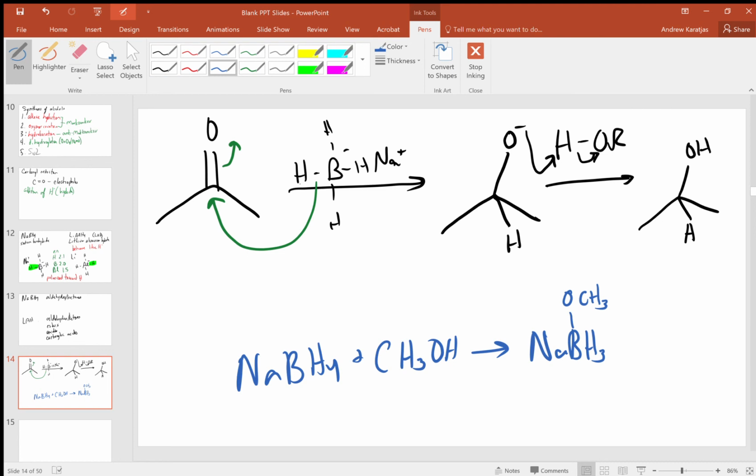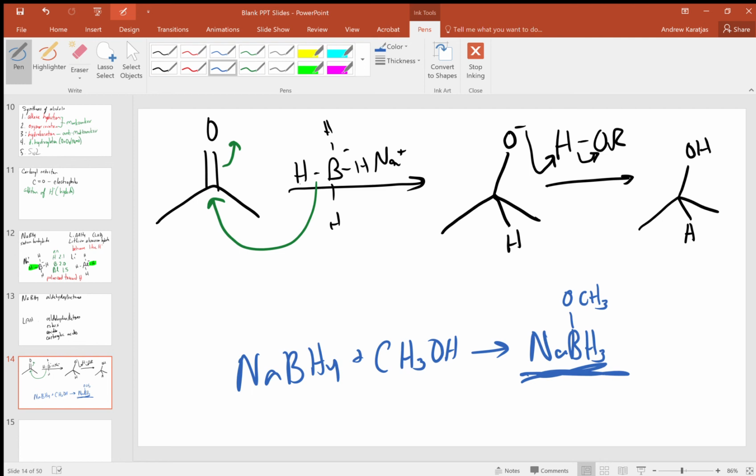And it's believed that some of these types of species are actually more reactive than the sodium borohydride itself. So it's one of those mechanisms that looks really straightforward. Turns out it's actually quite a bit more complex than what we see here. With LAH, the reaction is largely the same again, and we'll revisit its reaction with aldehydes, with esters and carboxylic acids and amides in a later chapter.